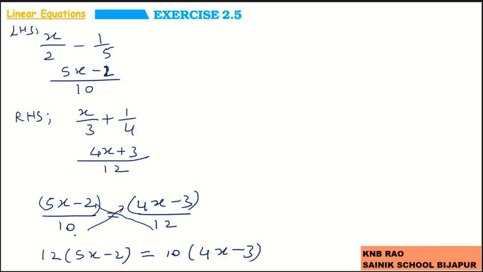It is done only when on the left hand side and on the right hand side, both sides, we have one full fraction. If you observe, 5x minus 2 is fully the numerator and that whole is divided by 10, that is 10 is the denominator. Even on the right hand side, if you observe, 4x minus 3 as a whole is working as a numerator, and that whole is divided by 12, where this 12 is the denominator on the right hand side.